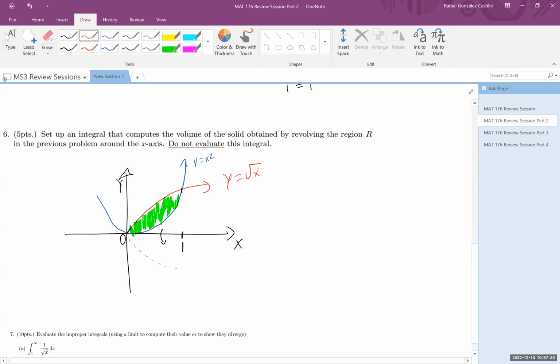We're going to have something that looks like this and something that looks like this. And the volume generated corresponds to this region. Here, because we're revolving about the x-axis, we will use this method.